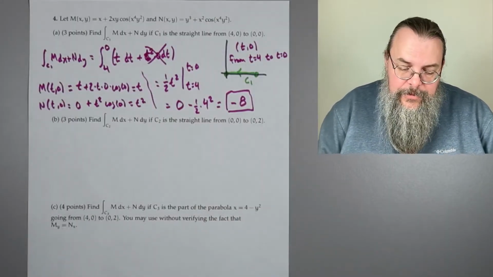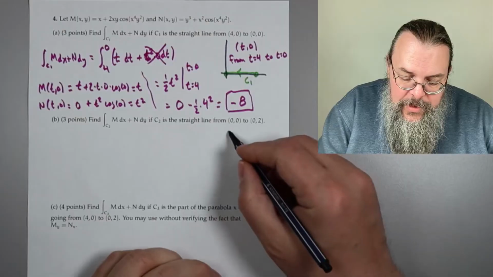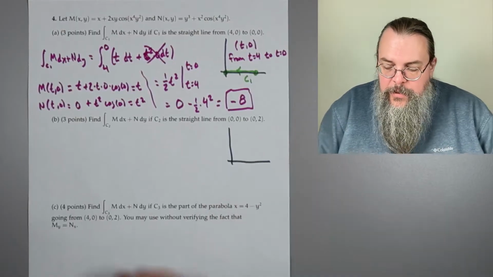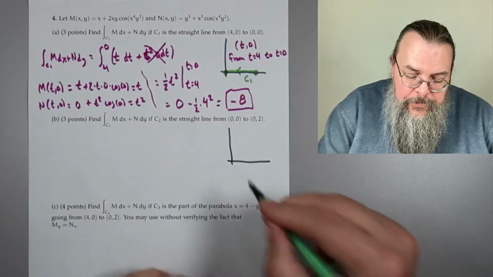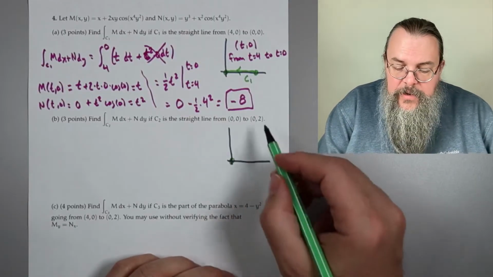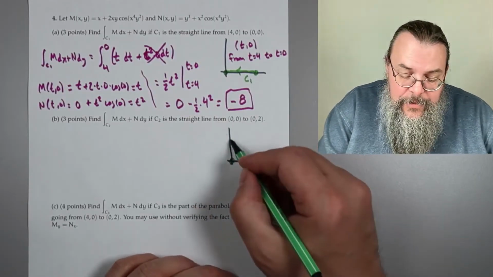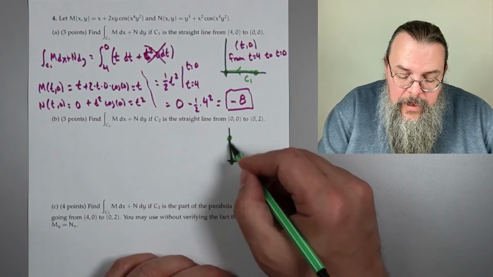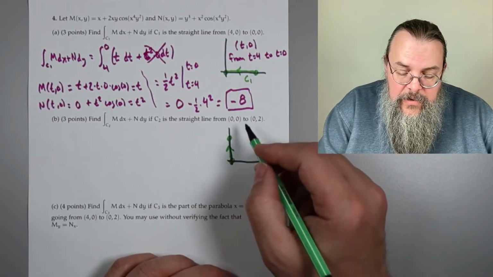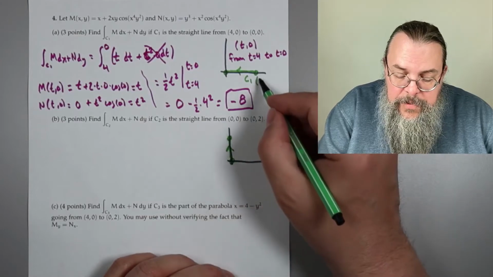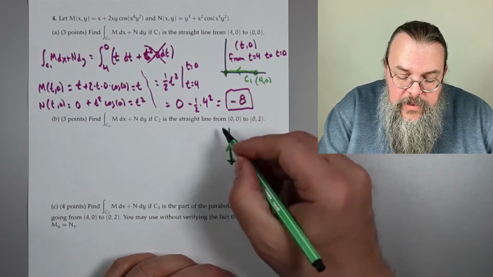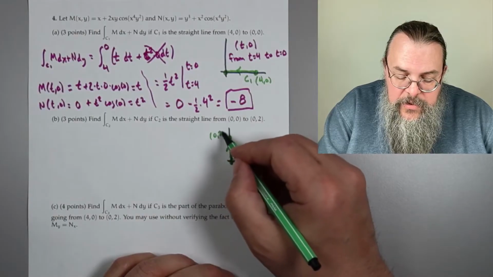So we're going from the origin, starting at (0, 0), and then going to x equals 0, y equals 2. And so we're going this way. I should have maybe marked this point (4, 0). Here is the point (0, 2).